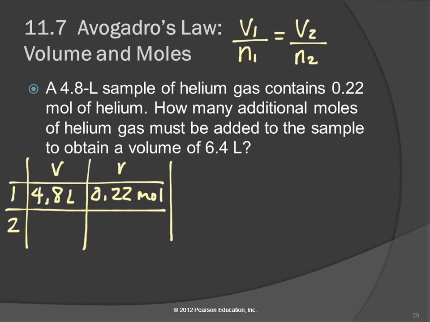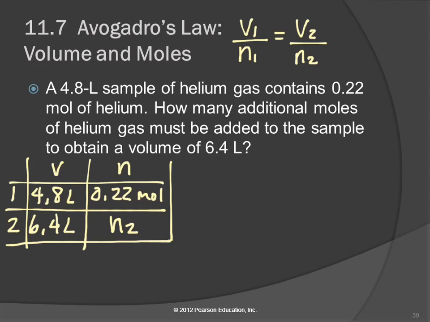And that's given the symbol lowercase n. N is number of moles. Amount of gas in moles. How many additional moles must be added to obtain a volume of 6.4? So they're giving us the final volume is 6.4 liters. So we have a table with one blank square or rectangle. So that's N2.